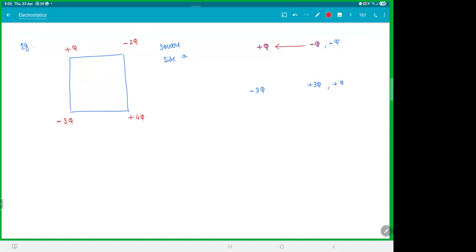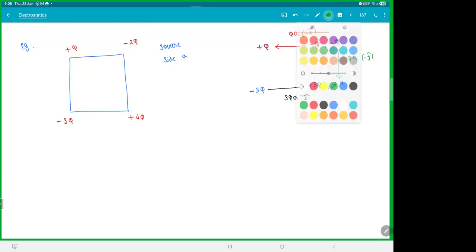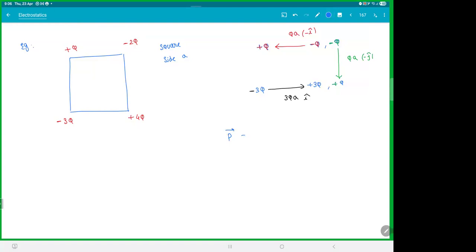So this will be one dipole moment, which is Q into A. I can treat this minus Q and this plus Q as another dipole moment, which is Q into A. I can treat this minus 3Q and this as another dipole moment, which will be 3Q into A. So this is I cap, this is minus I cap, and this is minus J cap. So the dipole moment of this whole system will be 2QA I cap minus QA J cap.